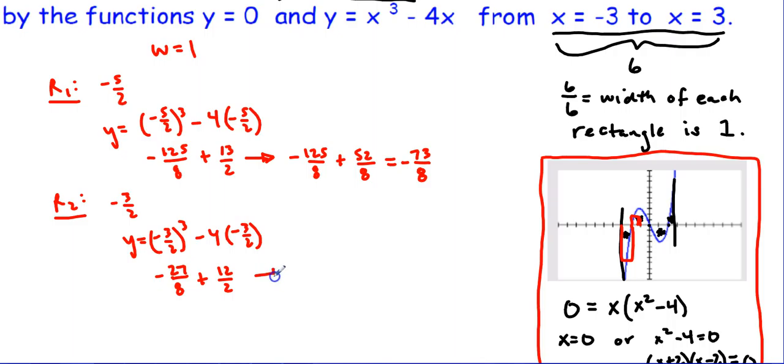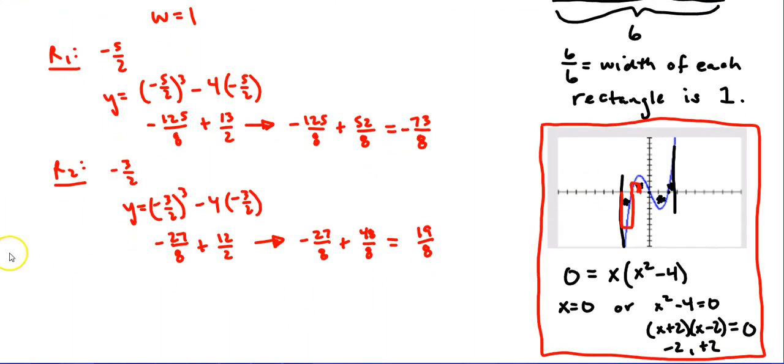But again, we need a common denominator. So we'll get -27/8 plus this times 4, this times 4, that's 48/8. So our height on this guy is going to be 21/8... what is that, 19/8. And that's a positive. So we got 19/8 here. Looks like it's a little over 2.